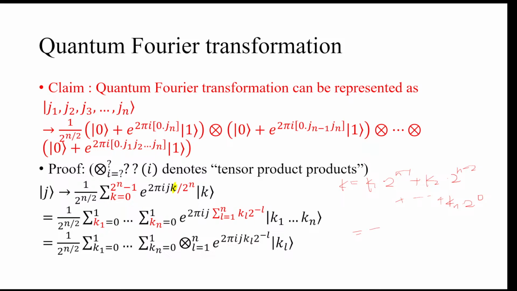So it's just summing over l from 1 to n, and you have k_l times 2 to the n minus l. This is just expressing k in binary, summing over each bit times 2 to some power. Then we divide by 2 to the n, and you get rid of this n, so you have the summation over l of k_l times 2 to the minus l.